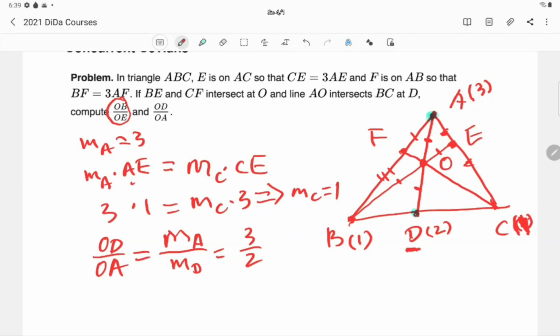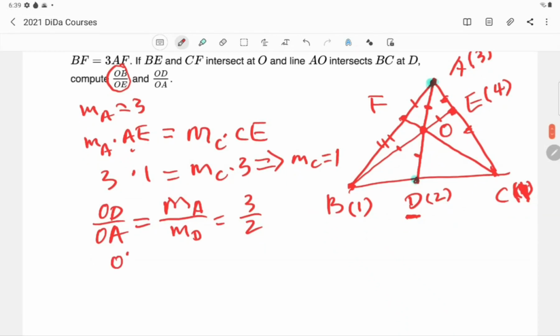So what's the mass of E? It's just the mass of A plus the mass of C, because it's the center of mass of A and C. So it's 4. And then OB over OE is the inverse ratio of the masses, ME over MB, which is 4. I hope I didn't make a mistake.